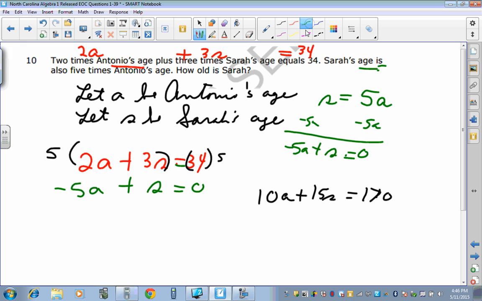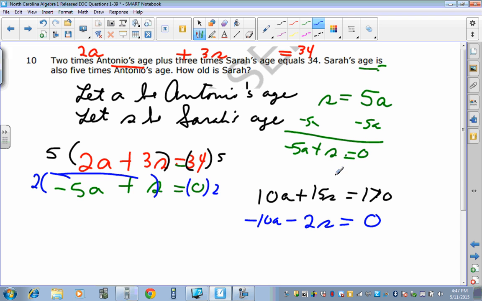In the bottom equation, we're going to multiply it times positive 2. That gives you negative 10A minus 2S equal to 0. Now we can combine those, and that's going to give us 13S equal to 170.